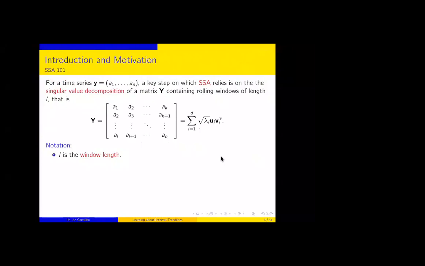And the first steps of SSA, you can regard almost like an algorithm. The idea is as follows. You start with your raw data, your raw time series. You have n observations, and you move that time series into what people in this field call a trajectory matrix.